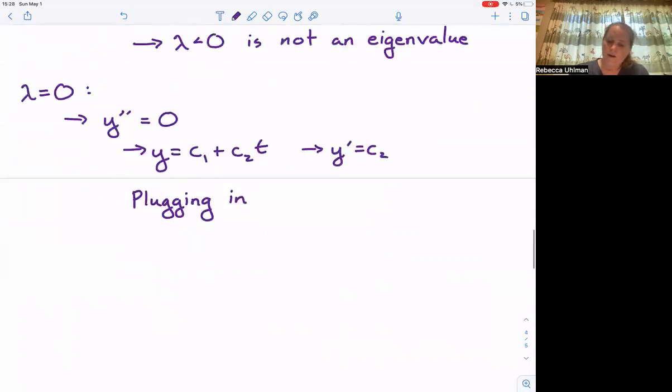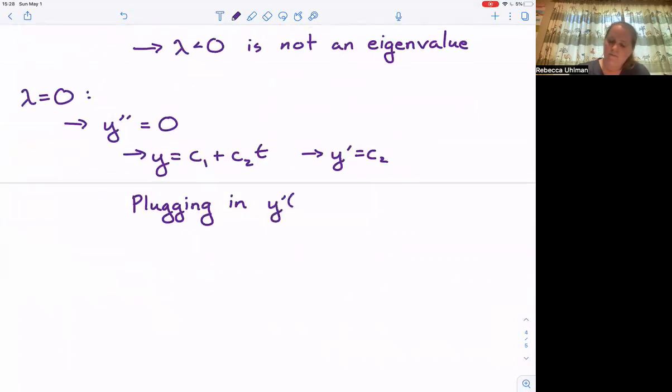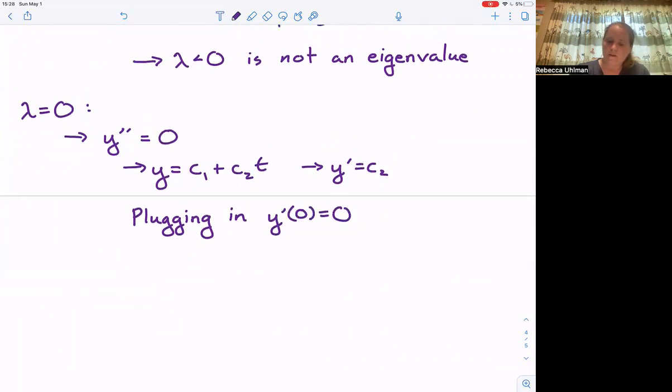Plugging in y prime of 0 equals 0, we get that 0 should be equal to C2.